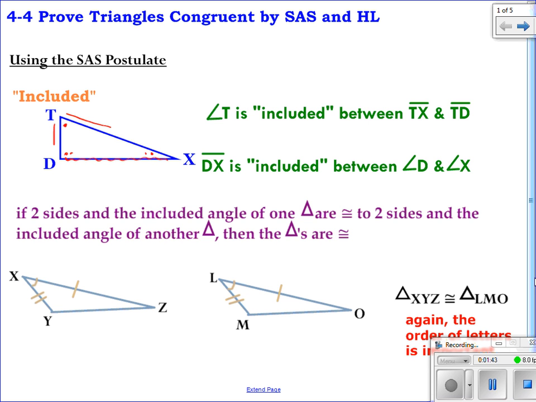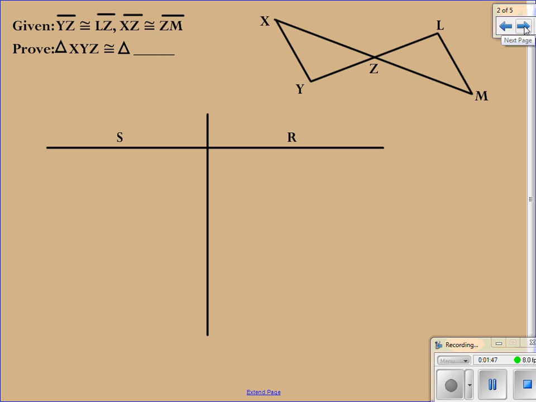Questions on that? Okay, so let's try one. So there's 2 givens. Let's put those on the picture right away. YZ congruent to LZ and XZ is congruent to ZM. We should also put those as our first 2 steps, right? So we've got 1 and 2.